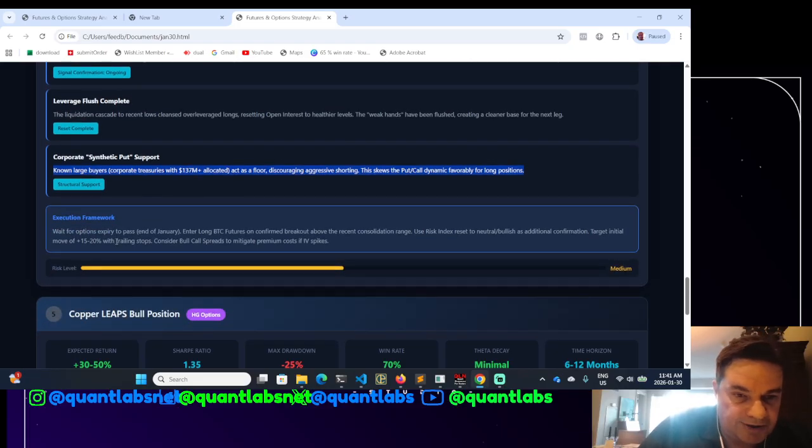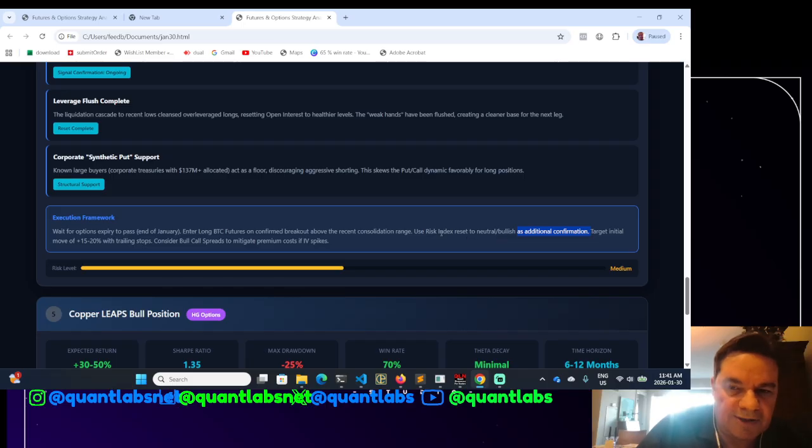So the execution here says expiry to pass, so the end of January. That's today, really, at least the last trading day of January. Enter a long Bitcoin future on confirmed breakout above the recent consolidation range. So we have here use risk index reset. And again, this is important to understand, it's to neutralize, or call it the bullish on the additional confirmation.